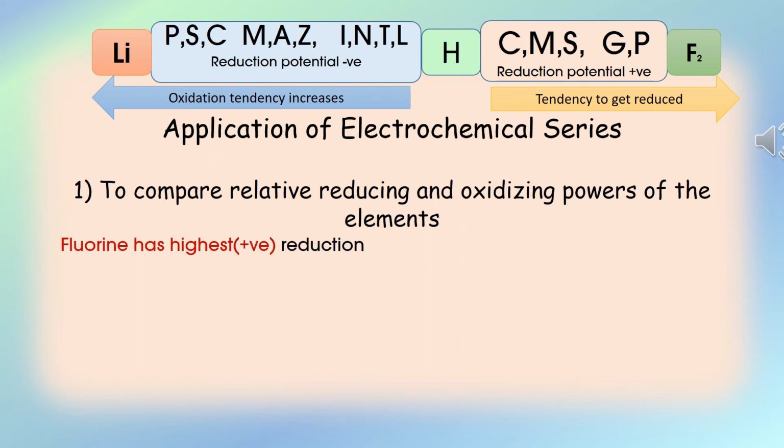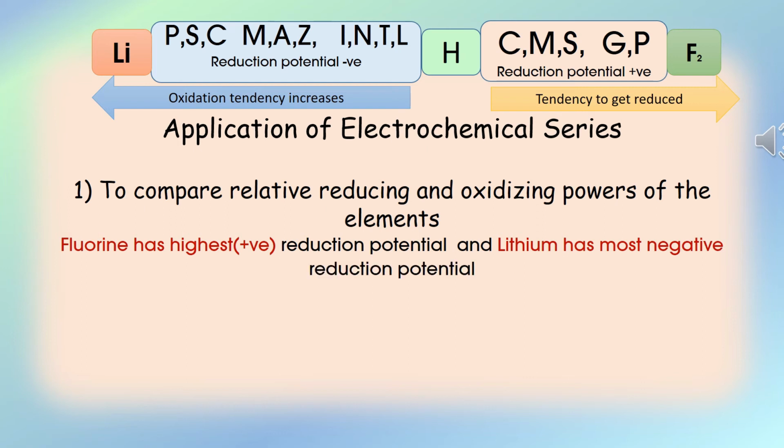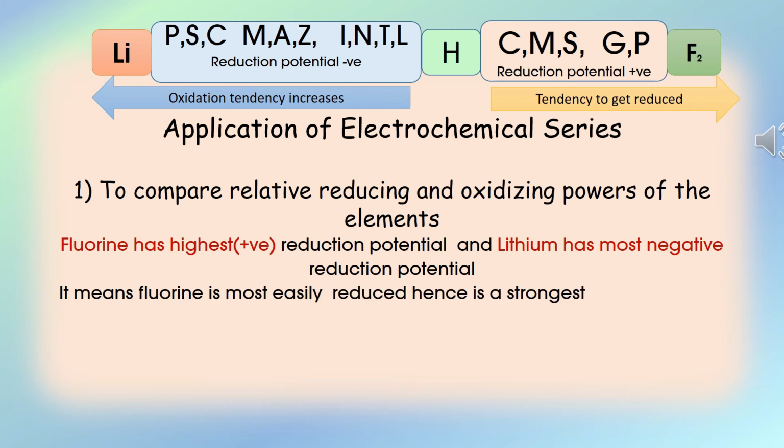Among these, we can say the fluorine has the highest positive reduction electrode potential, and the lithium has the most negative reduction electrode potential. What does it mean? It means that the fluorine is most easily reduced because it has the highest positive reduction electrode potential.